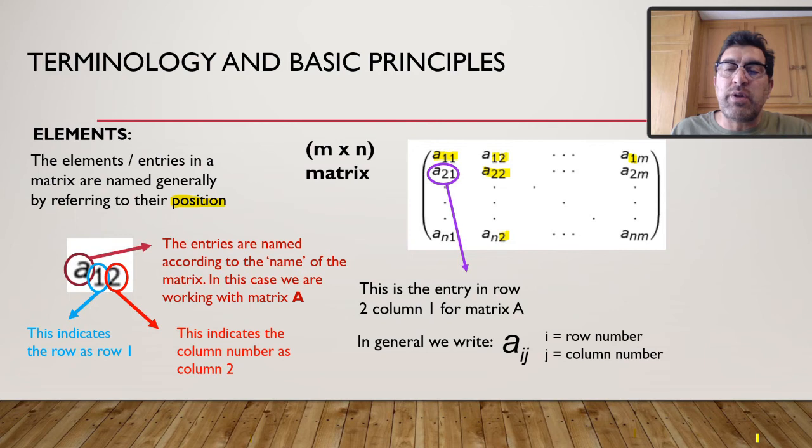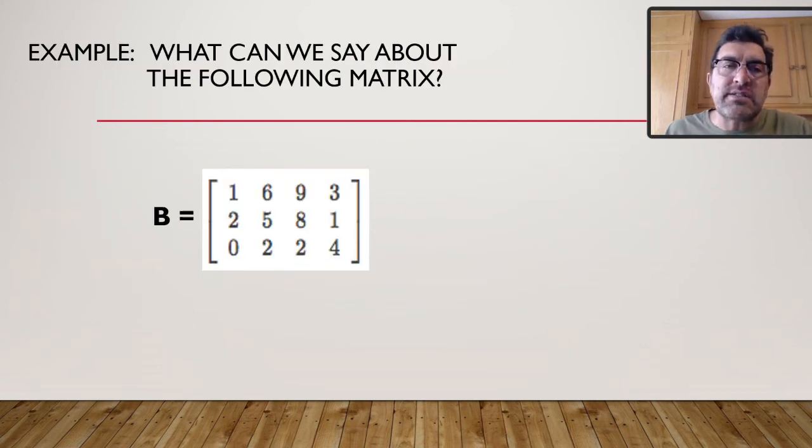In general we write Aij, again a reminder, i is the row number and j is the column number of each particular entry. Okay, so let's look at an example. What can we say about the following matrix? Well, that's definitely not a square matrix because the number of rows is 3 and the number of columns is 4. So there's no diagonal in this matrix.